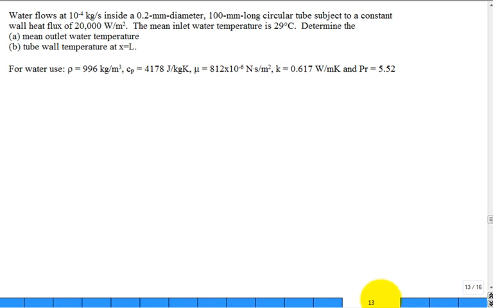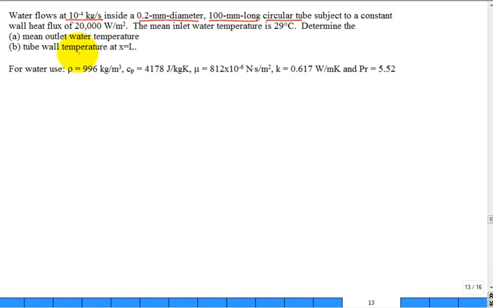Let's solve this problem. Water flows at this flow rate. Is that a mass flow rate? Sure, that's a mass flow rate. And it's inside this diameter tube. It's a circular tube with the length of this. So we're given the diameter, given the length, given the mass flow rate.